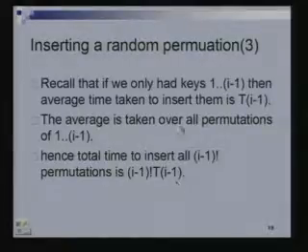The average time is T of i minus 1, and the average is taken by computing the total time to insert all the i minus 1 factorial permutations divided by i minus 1 factorial. So, the total time is i minus 1 factorial times T of i minus 1. For instance, in the example that we did earlier for T3, the total time taken to insert all the permutations was 16, which was just the average times 6.